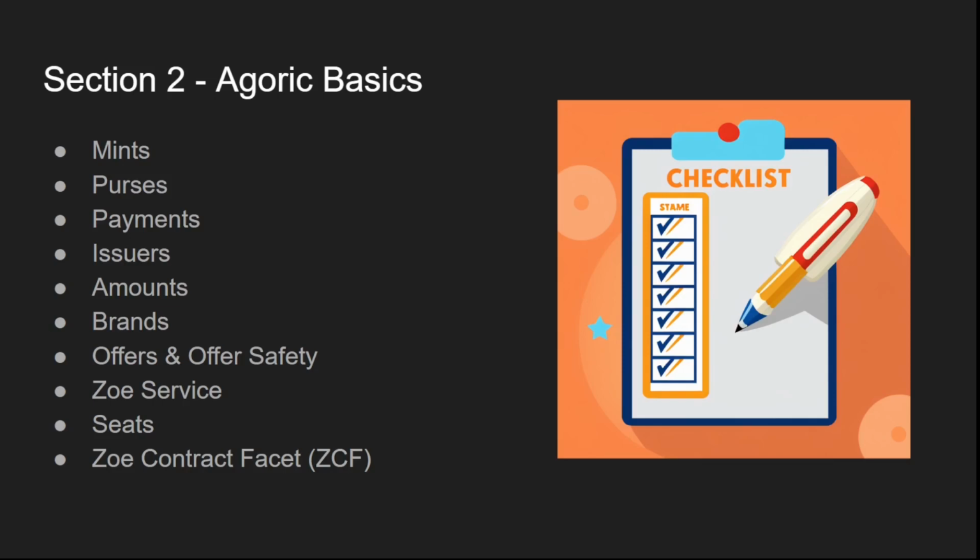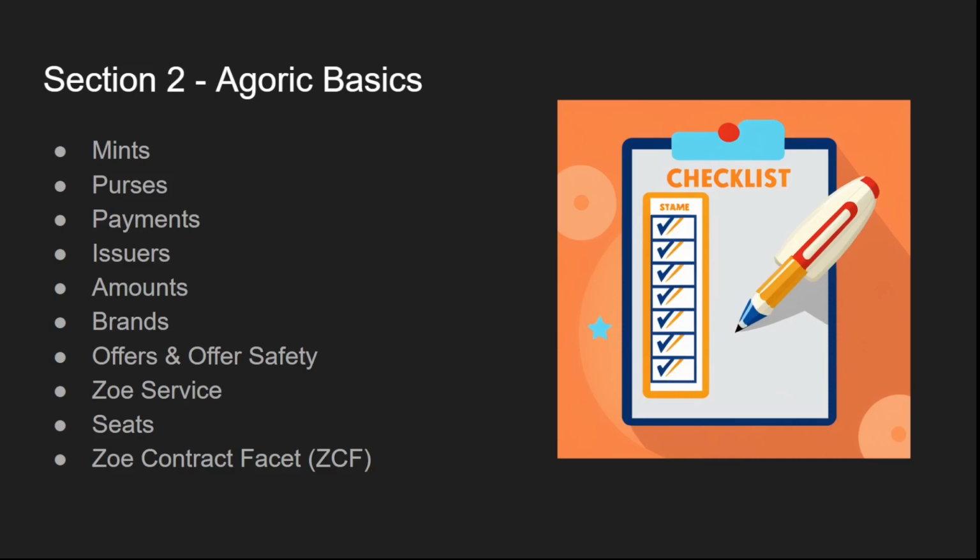Next, we'll talk about payments, which are units of digital assets created by a mint that can be transferred between purses or used in smart contract transactions. Next, we'll talk about issuers, trusted authorities that validate mints and purses, ensuring the integrity of digital assets.